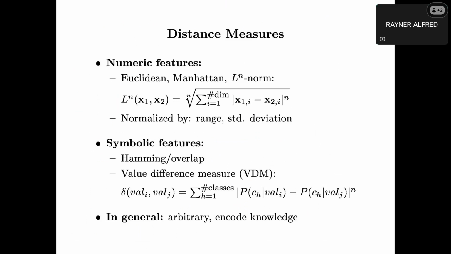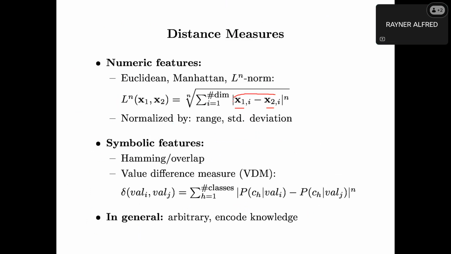So when we talk about how we measure the distance between the new item and the data that we have in our data set, we use what is called the Euclidean distance, where this is the value for the first entity, and this is the value for the second entity.